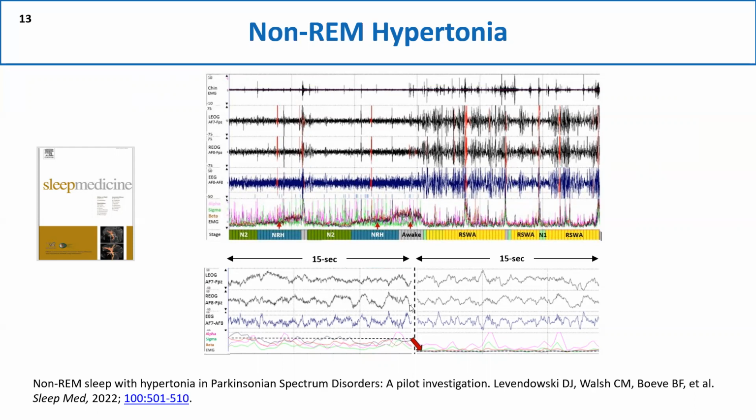You can see the main difference visually is that this signal just looks a little bit noisier, but overall the signal characteristics look quite similar. However, when we dissect the signal and look at the EMG power, it's 4 times greater than during normal non-REM sleep.